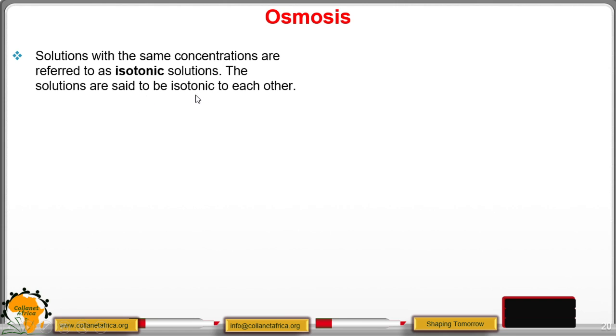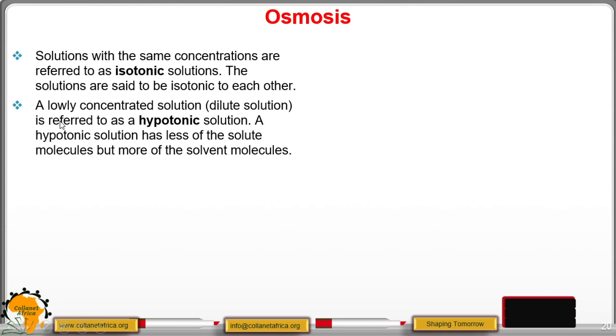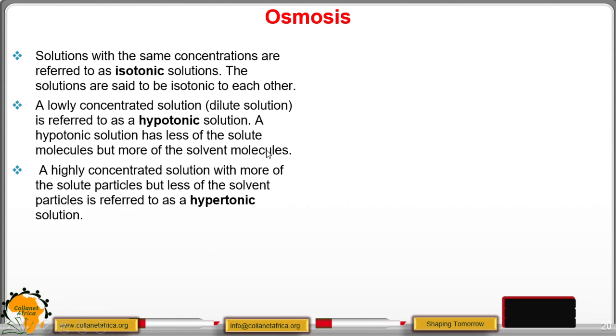But then, we can describe a lowly concentrated solution, that is a dilute solution, as a hypotonic solution, and it has less of the solute particles, that is particles like sugar or salt, and more solvent particles, that is, water particles.